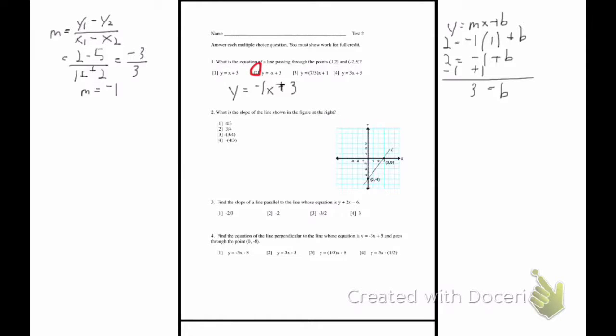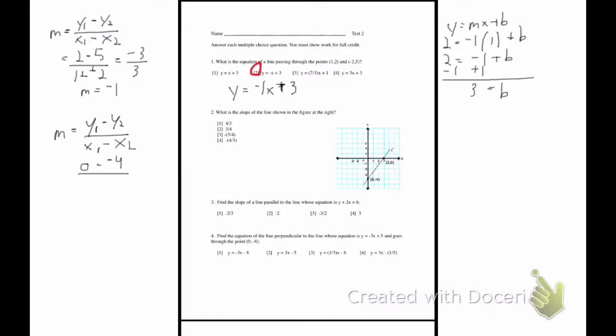Alright, looking at question number 2. What is the slope of a line shown in the figure at the right? Well, this is simply using m equals y1 minus y2 over x1 minus x2. Substituting the information we have from the graph, we see that our y1 is 0 and our y2 is negative 4.